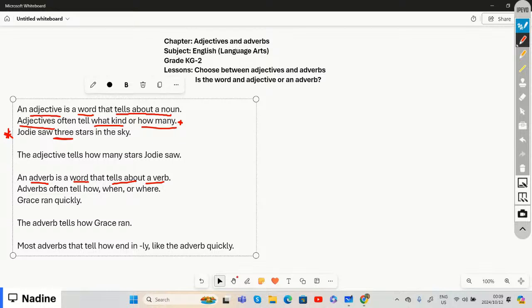It tells us about the action that is being done. And adverbs often tell you how, when, and where.